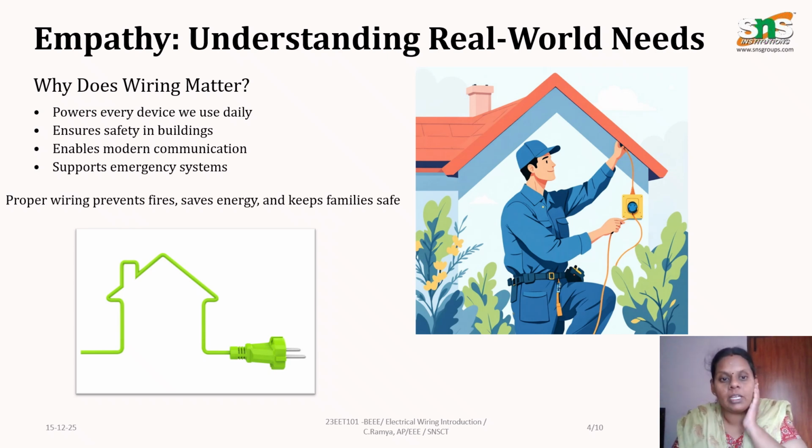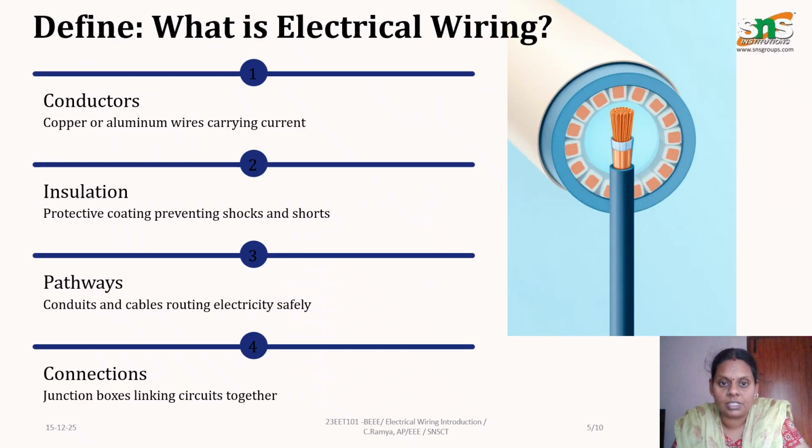Proper wiring ensures safety in the buildings, enables modern communications, and supports the emergency systems. Incorrect wiring may lead to fire hazards, energy losses, as well as electrical accidents. Hence, understanding wiring is not optional, it is essential for every engineer.